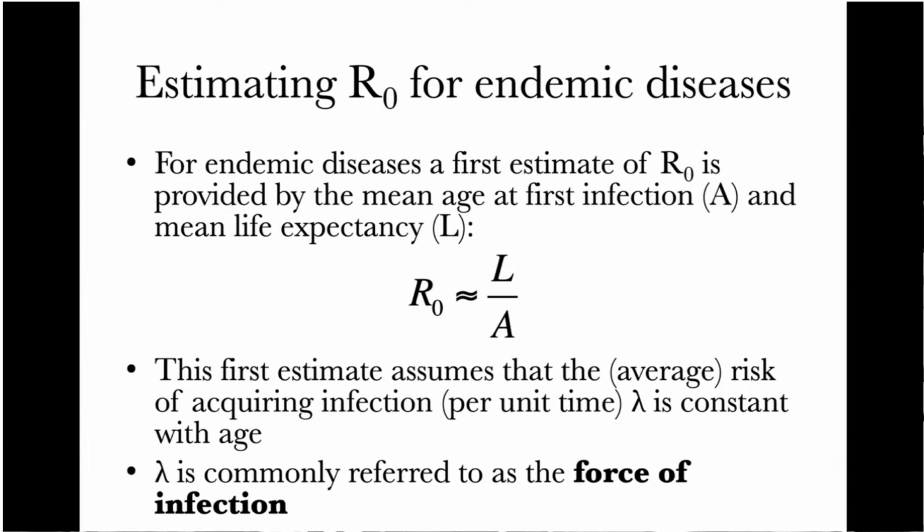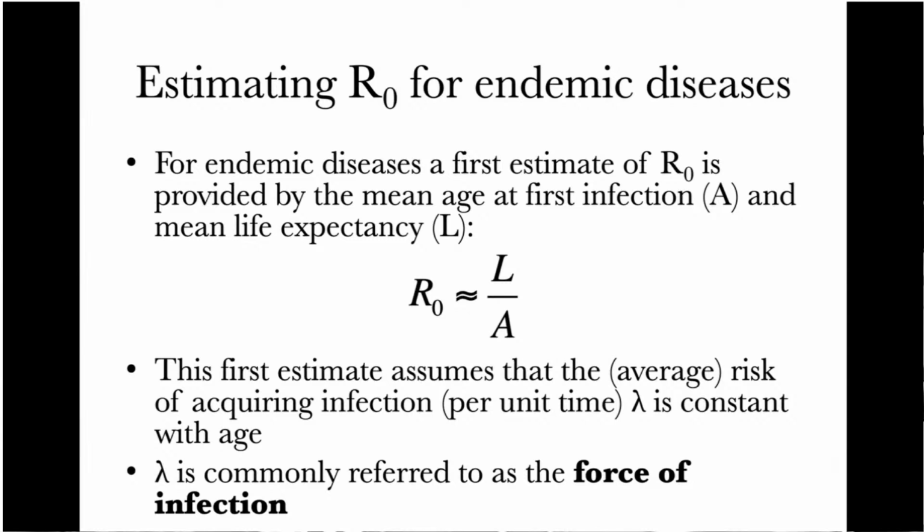And in an endemic state, the proportion susceptible is roughly the amount of time that you spend being susceptible on average. So basically, it is the area, and it is a left area.